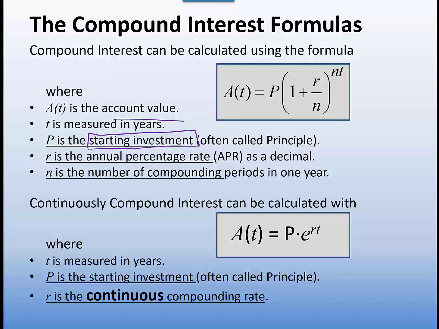That's like saying we're compounding continuously. Well, if we're compounding continuously, it becomes the base E equation. And so sometimes that situation is the best model. Let's look at some examples of these.